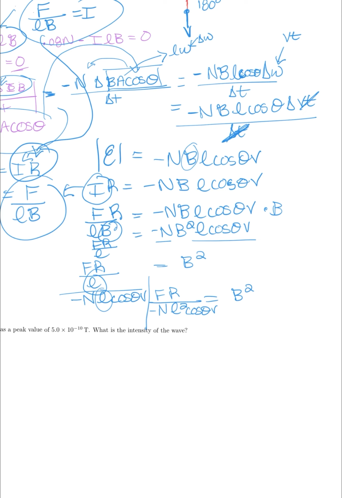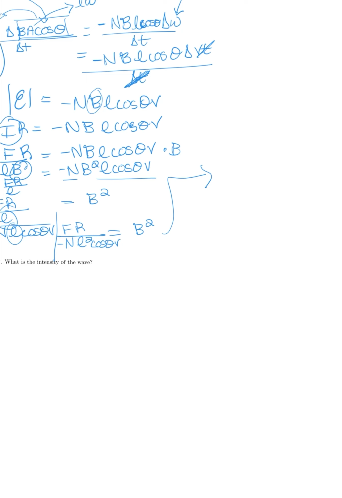So that means that the square root of force times resistance divided by negative N L squared cos theta V equals B squared. It equals B, because we took the square root.